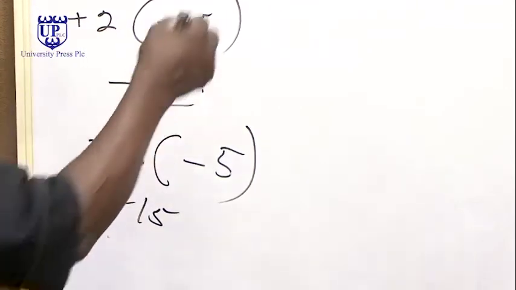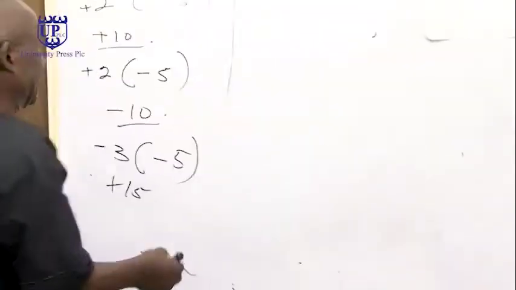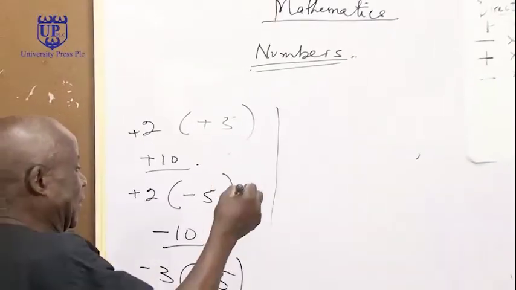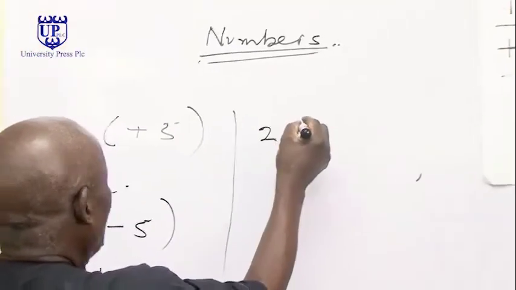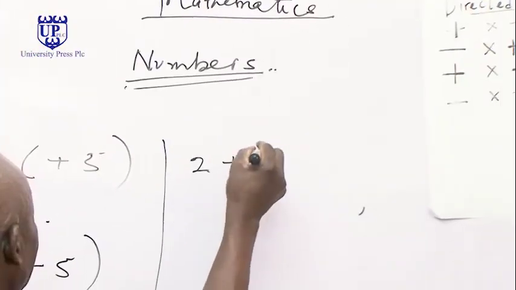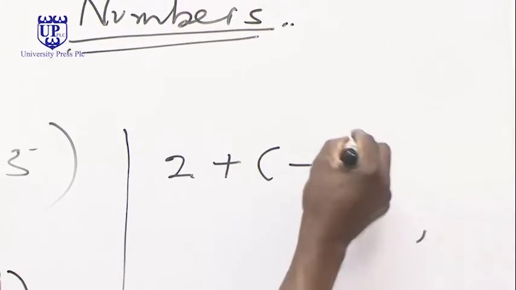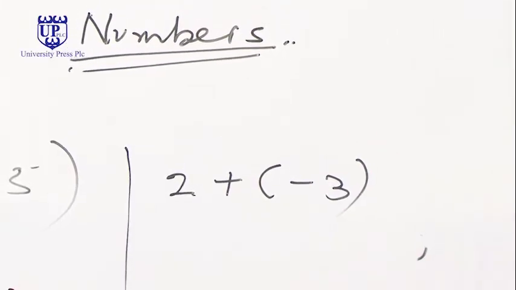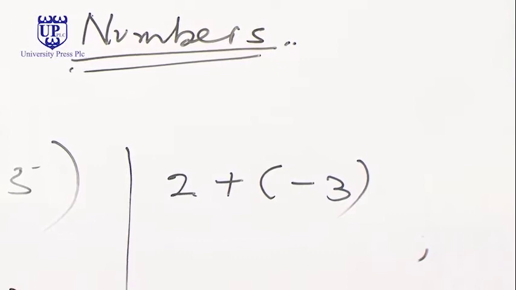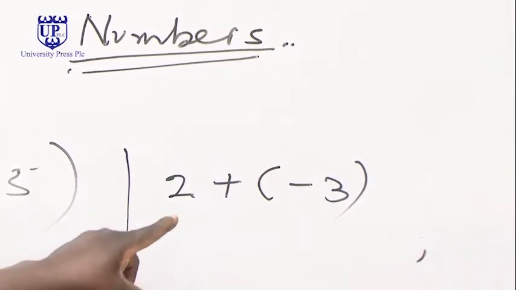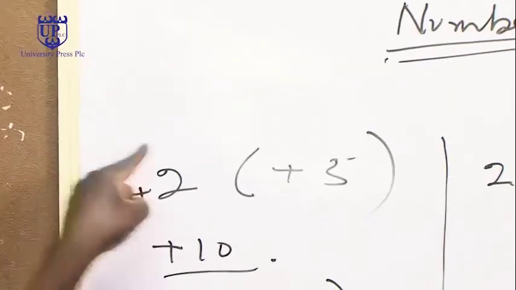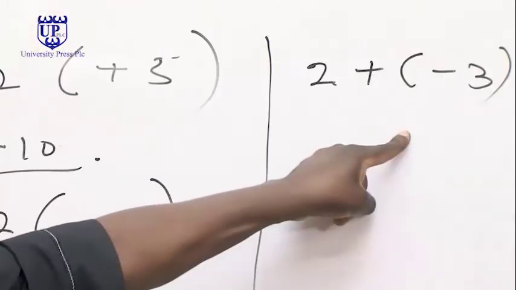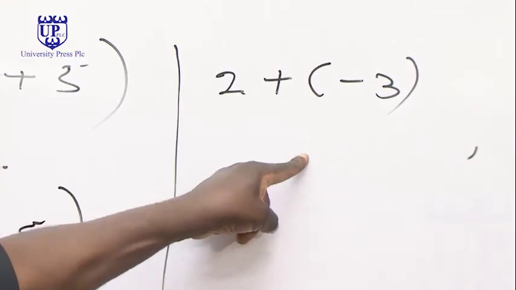Please, I don't want you to confuse this with what I want to write now. If they say 2 plus minus 3, forget those. This is another operation entirely. This one is product. This one you are only adding or subtracting. So you have to be very careful.